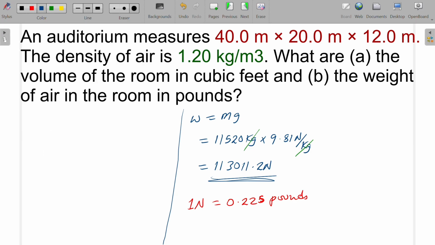So we have 113,011.2, in units of newtons.